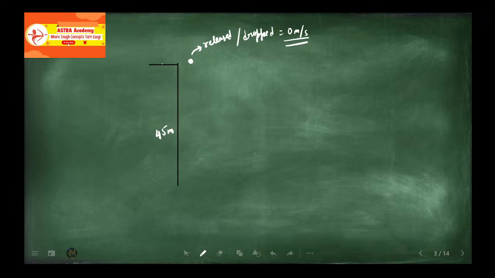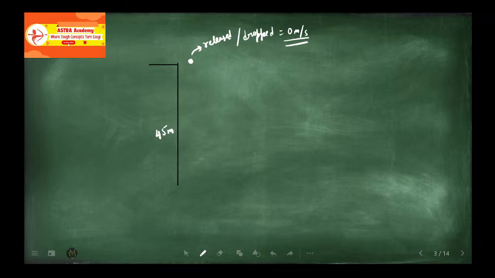If it were a moving surface, then even after the word released or dropped is used in the question, still you have to assume that the initial velocity is equal to the velocity of the surface from where the ball is released, or the coin is released, whatever entity has been released.